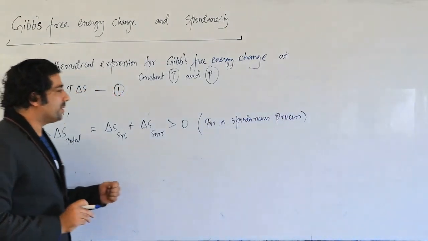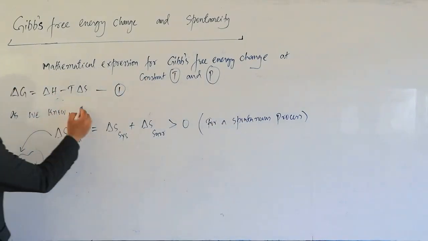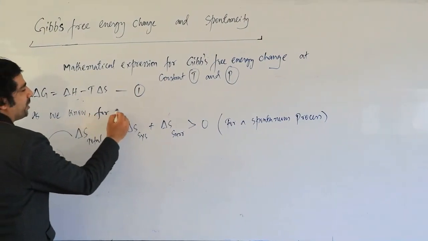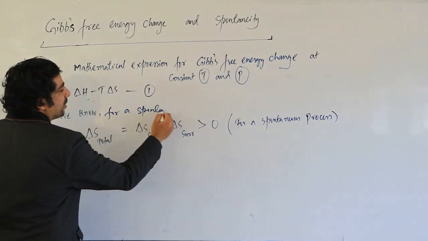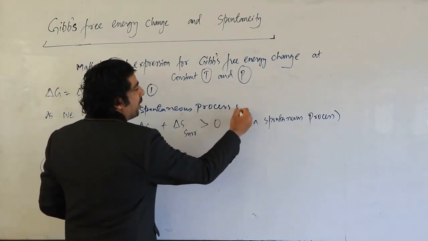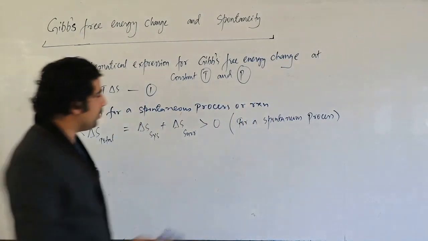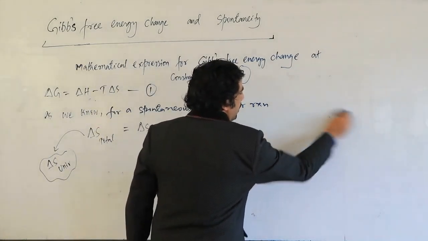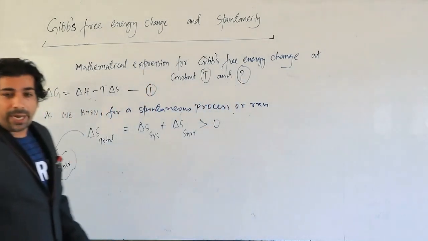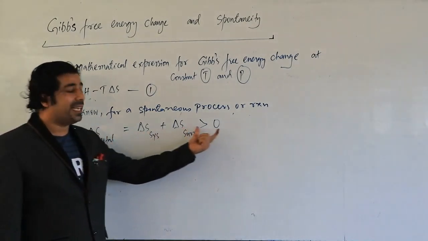So for a spontaneous process or a reaction, delta S total should be greater than 0.